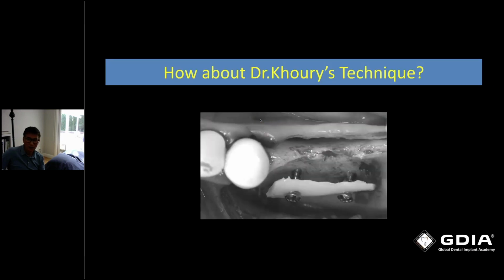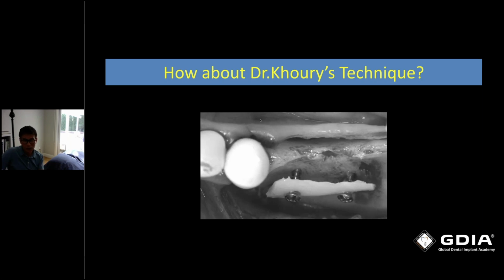So how about Khoury's technique? Either you do a complete block or veneer and make a space, almost like a rigid split separation, and then add graft. So this is a kind of good space maintained with the patient's own bone. But another way: once you're cutting the bone, even though it's the patient's own bone, it's still dead bone. So there are many things to control, many ways to do it.